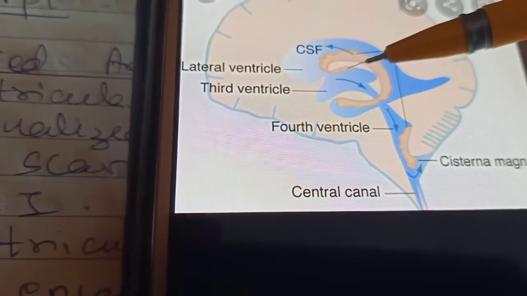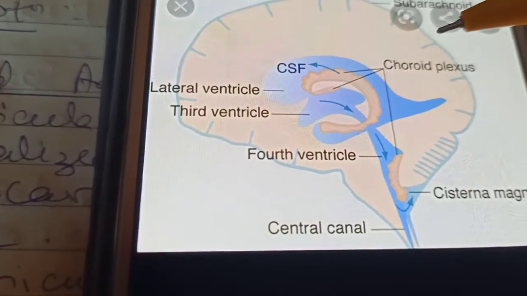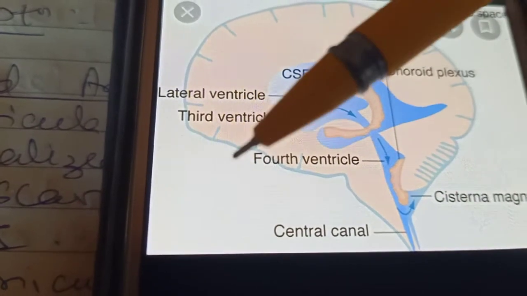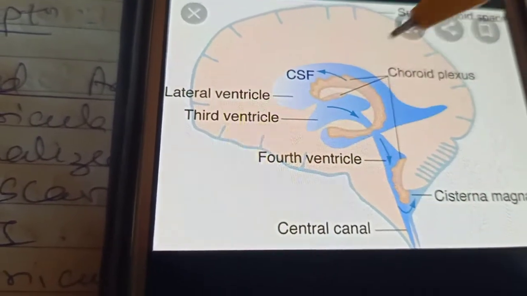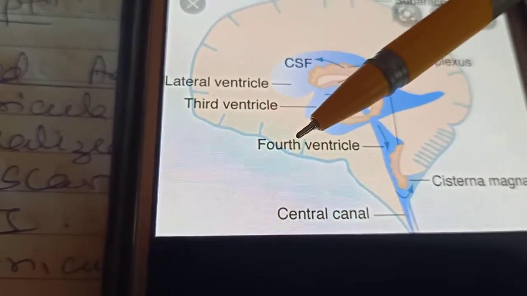Now there is a line of invagination of the choroid plexus into the lateral ventricles. This tuft of blood vessels invaginates into the lateral ventricles, into the body and the inferior horn.